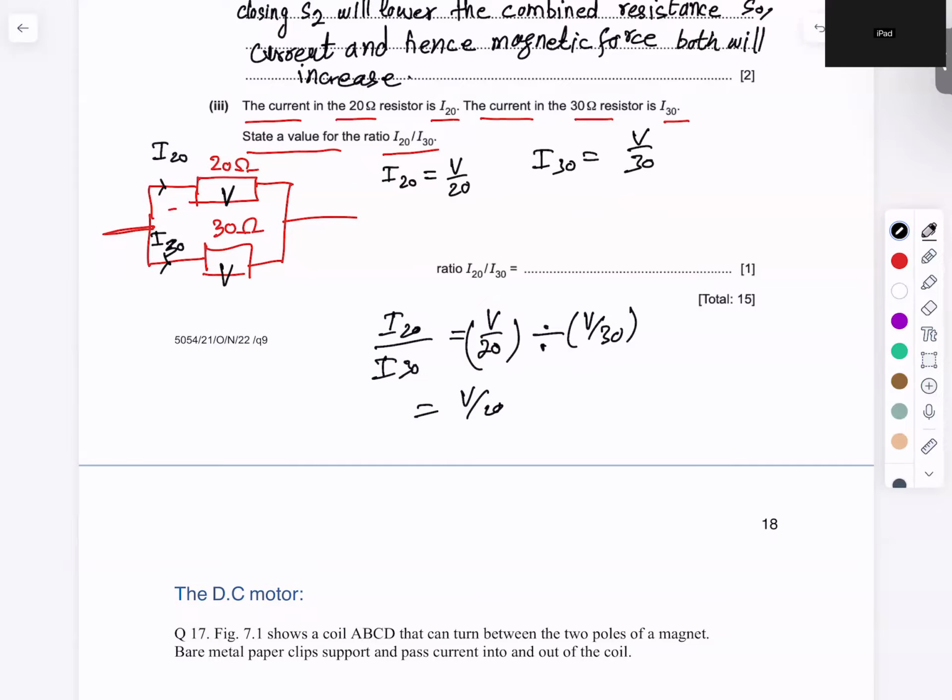So V over 20 multiplied by 30 over V. So V cancels with V, and this will become 30 over 20. It's 1.5. So 1.5 is the answer. So I20 over I30 is 1.5.